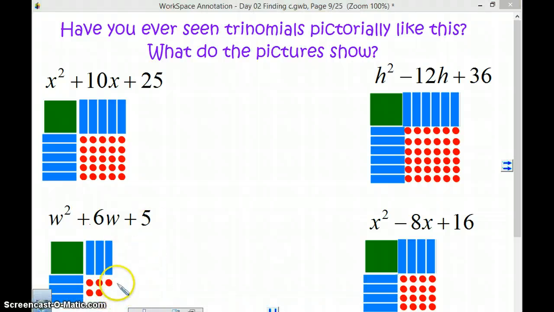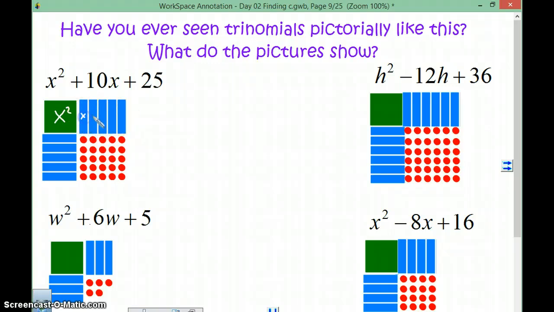Okay. Hopefully you notice, first of all, that this one is not a perfect square trinomial because it's missing some dots. How many dots would it need to be a perfect square? It would need 4 more. It would need a total of 9. Okay. Question. What does this stand for? This is our x squared. What are each of these blues?